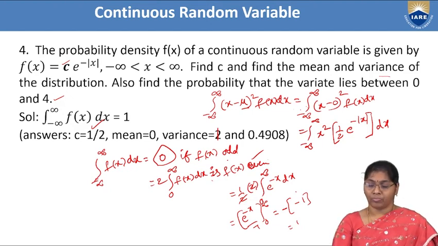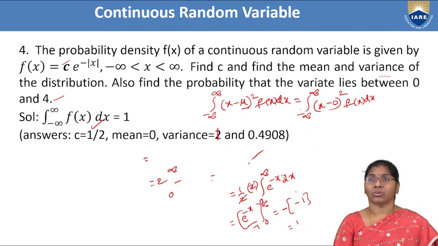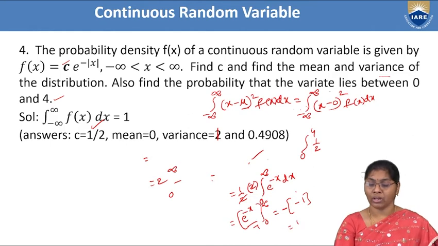Now the next one, same application I am using. Find the probability that the variate lies between 0 and 4. Integral 0 to 4 of f of x dx, where c is 1 by 2.